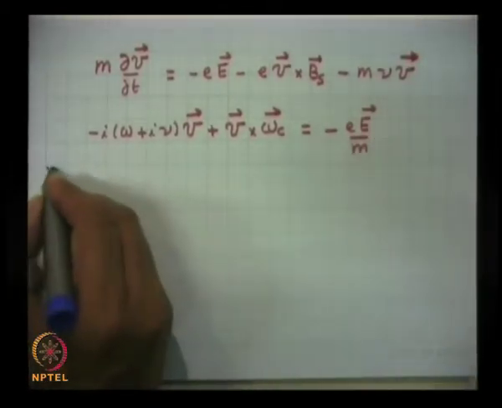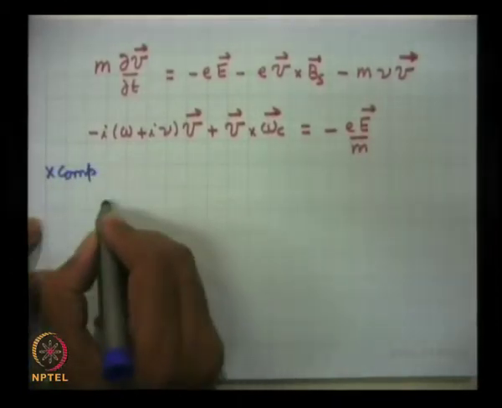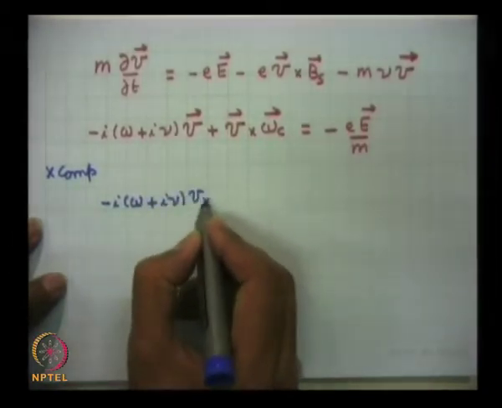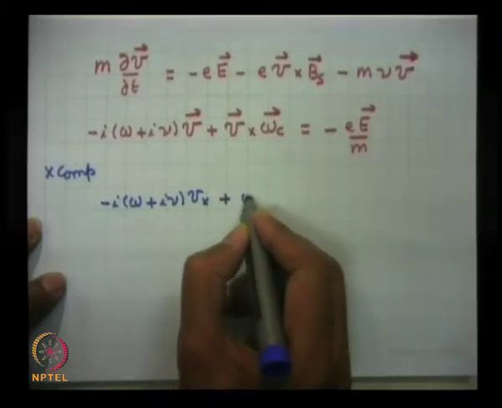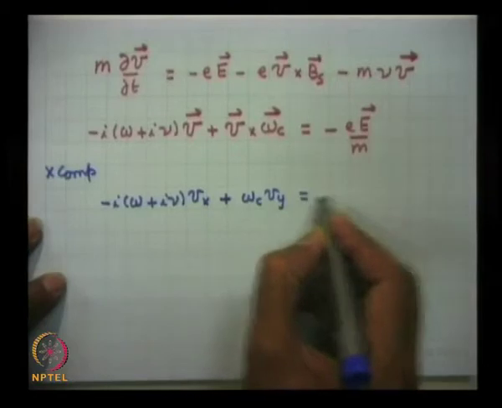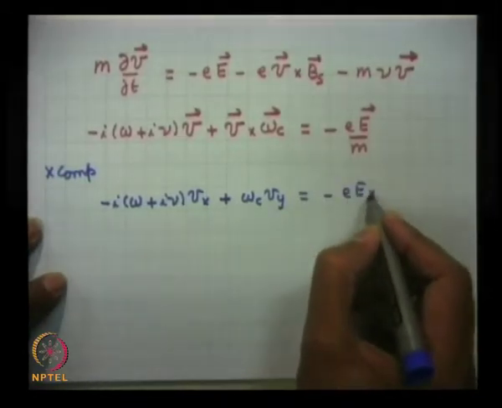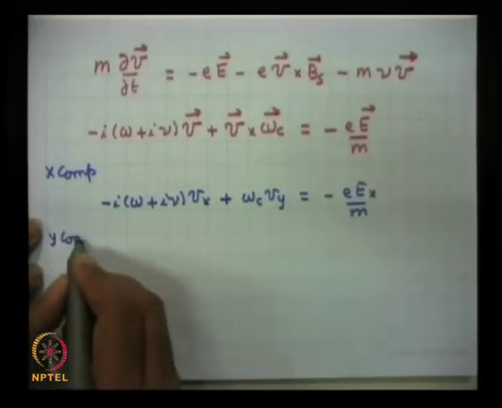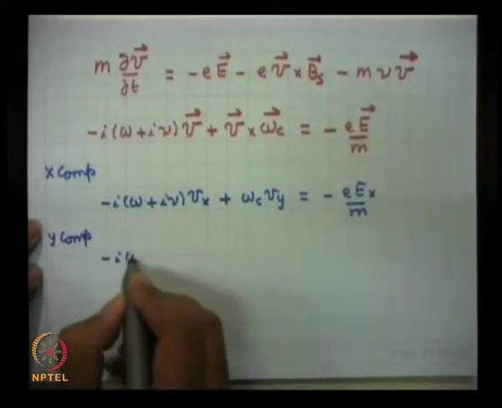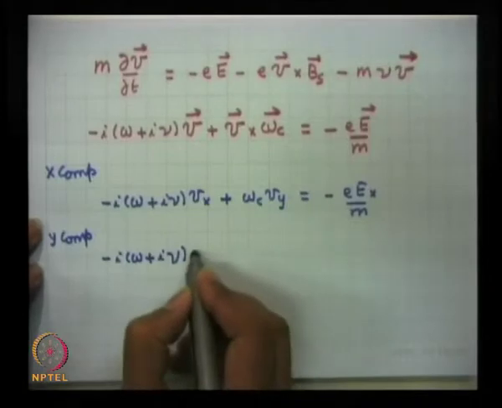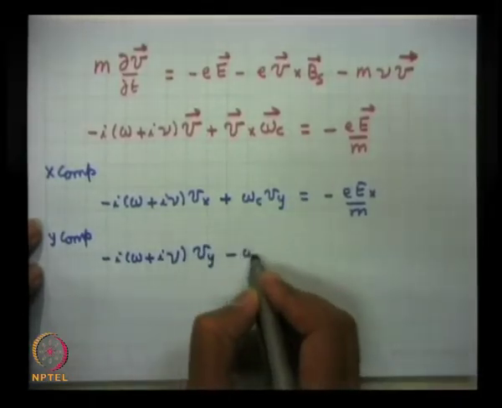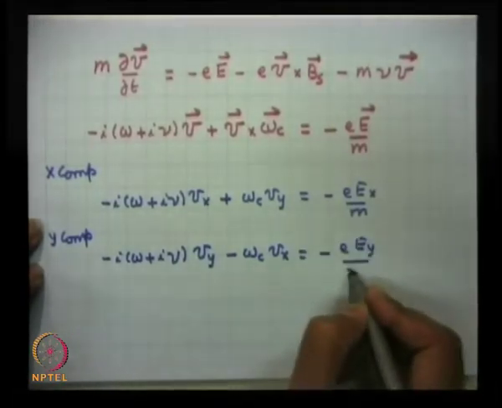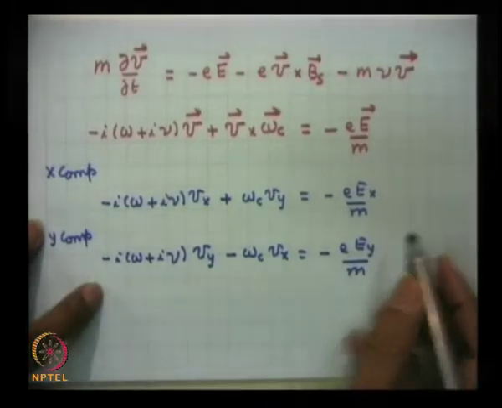The x component would be (−iω + iν)Vx + ωc Vy is equal to −Ex/m, and the y component would be (−iω + iν)Vy − ωc Vx is equal to −Ey/m, but Ey is equal to iEx.